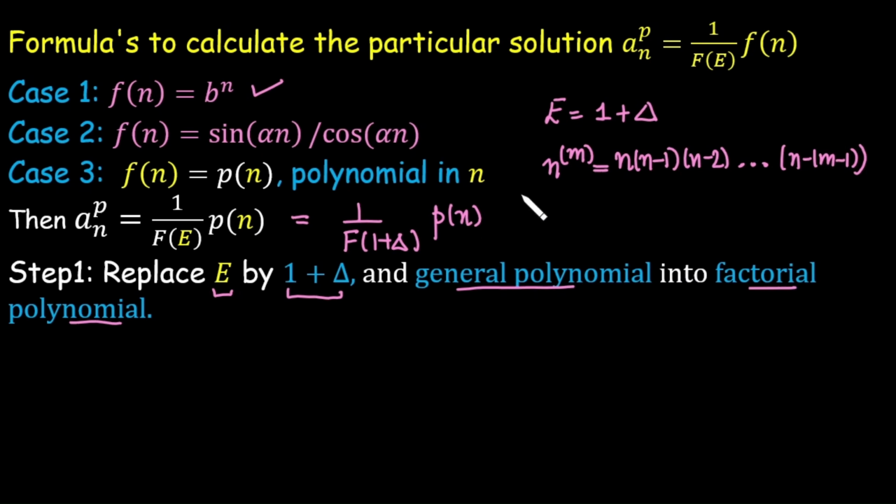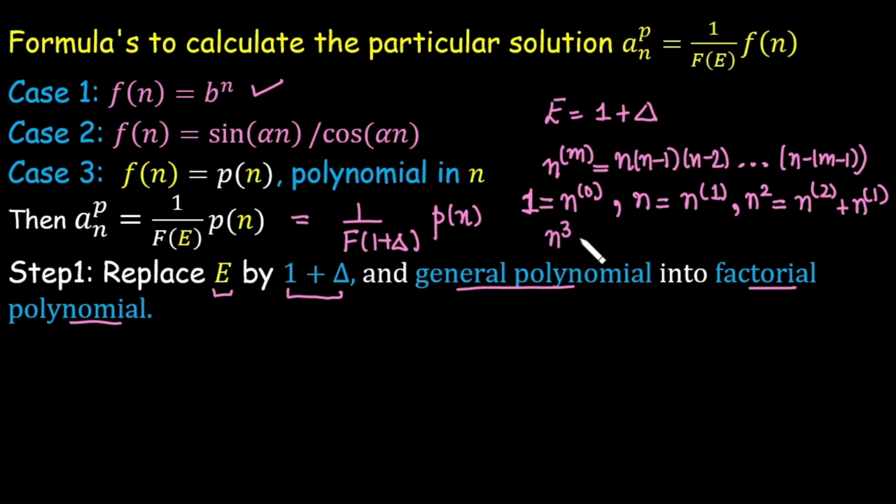So we need to learn basically three main identities. The first is that whenever we have any constant, we can write it in the n raised to power 0 form. That is a factorial form. If we have the form n, in that case we can write it as n raised to power 1 factorial polynomial. And if we have n square, that can be written as n raised to power 2 factorial polynomial plus n raised to power 1 factorial polynomial.